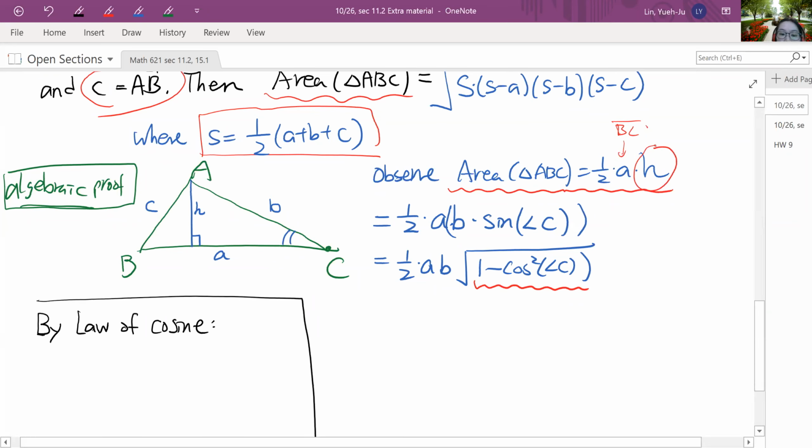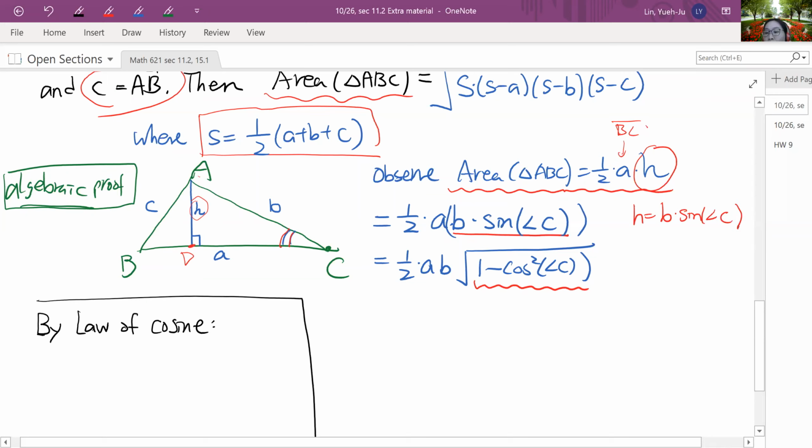If you look at the picture I drew, I'm going to use the angle C. If you look at this right triangle ADC, where D is this point, then the height h is essentially the side opposite the angle C. So you can use sine to replace this h. In some sense, you can say h is equal to b times sine of the angle C.